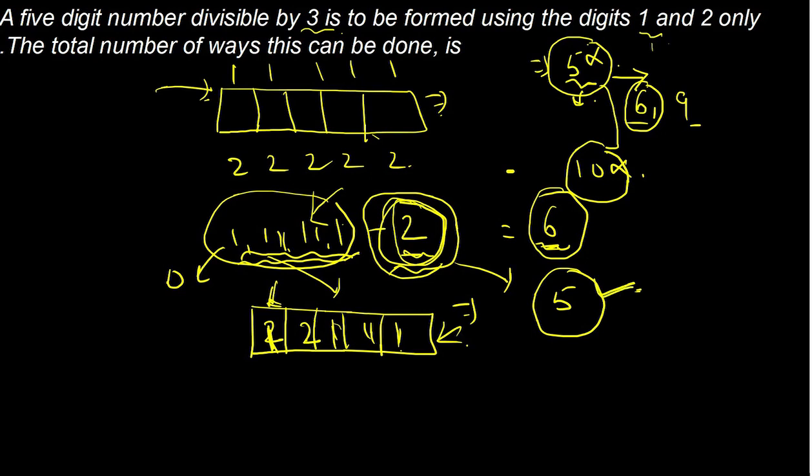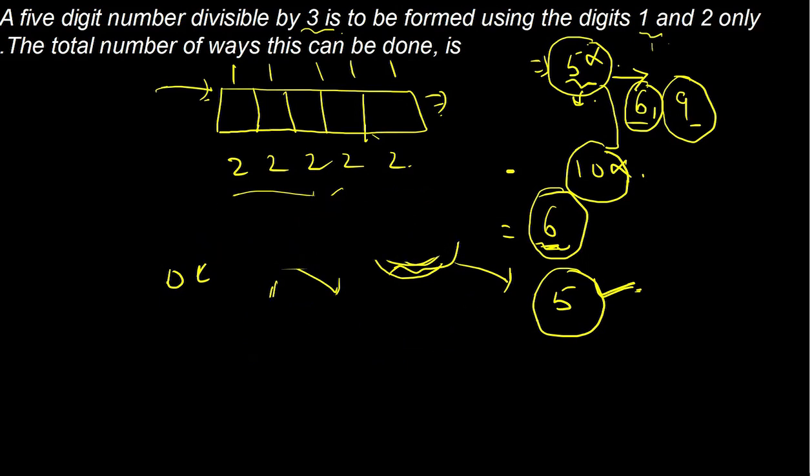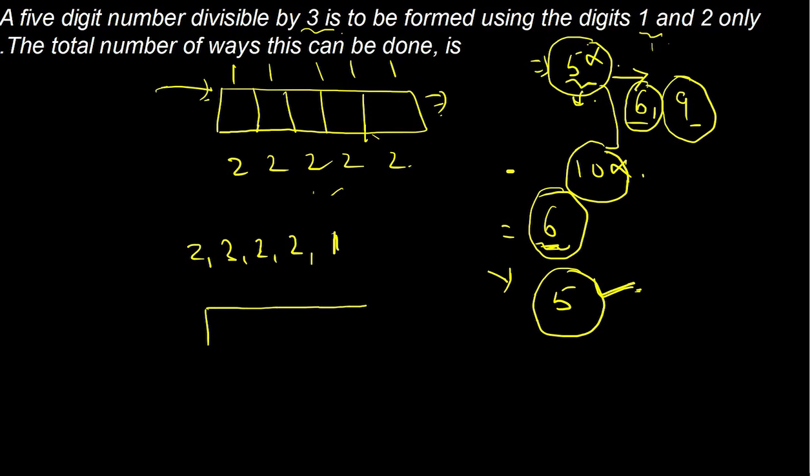Now what should the next total be? The next total is going to be 9. If you want to make 9 by using only 2s and 1s, I think four 2s should be there and one 1. So again it is a 5-digit number, and we want to fill how many places? 1, 2, 3, 4, 5, 6. Sorry, there should be 6 places.